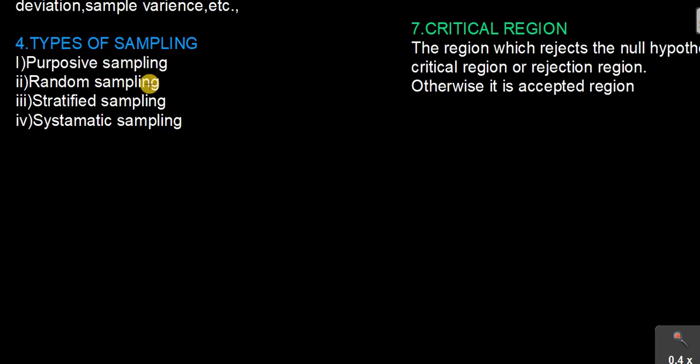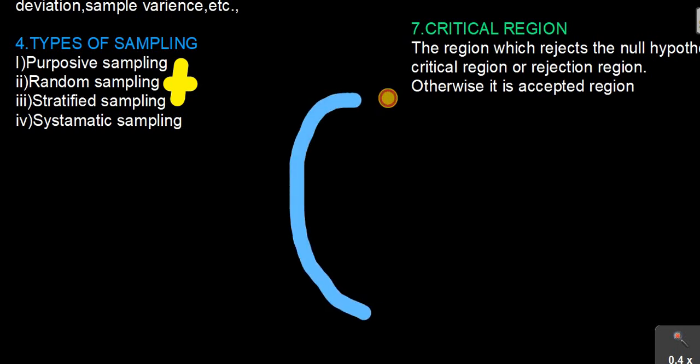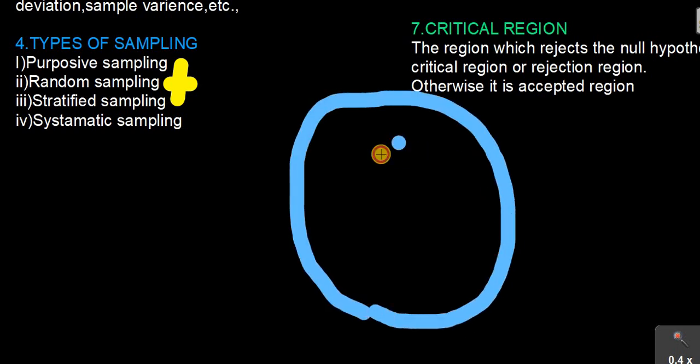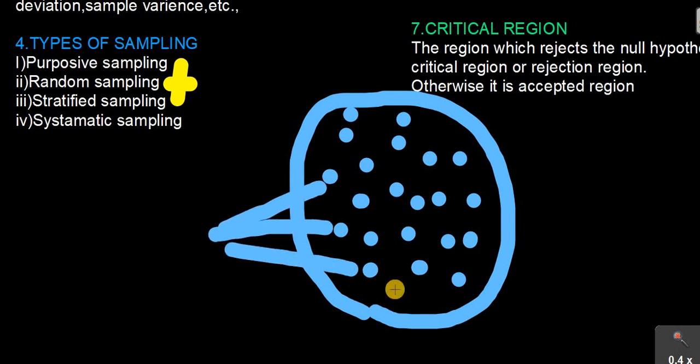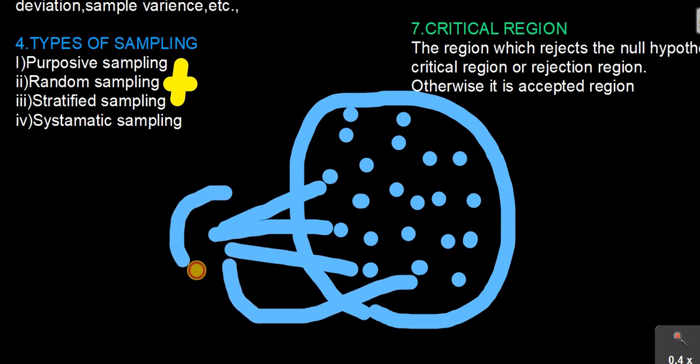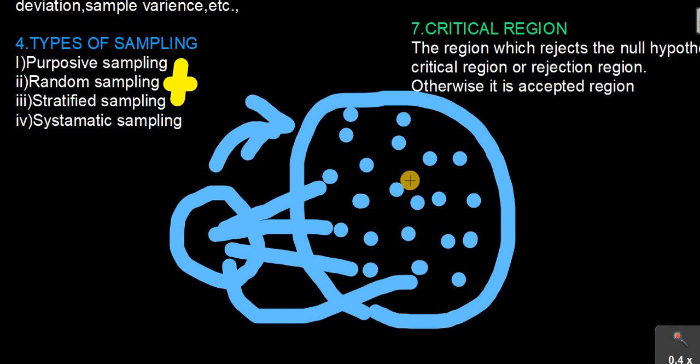Now what about random sampling? Random sampling, I can give an example here. Suppose this is a population. These are the elements in the population. I am choosing some elements from this to make some study, so that I can apply that idea to this particular population.